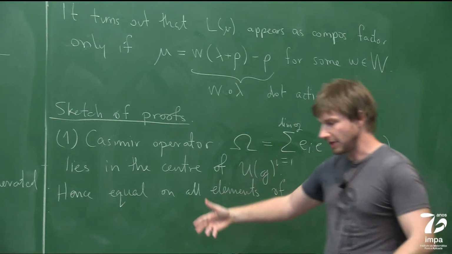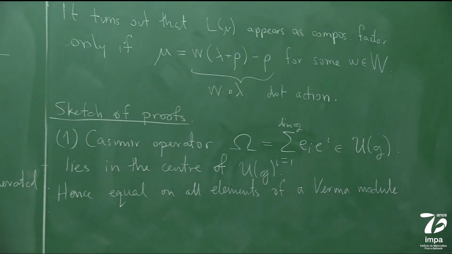Hence, since it commutes with the action of all elements of g, it acts as a constant on any Verma module. But let's think about how it acts on the top, on the generator of the Verma module.